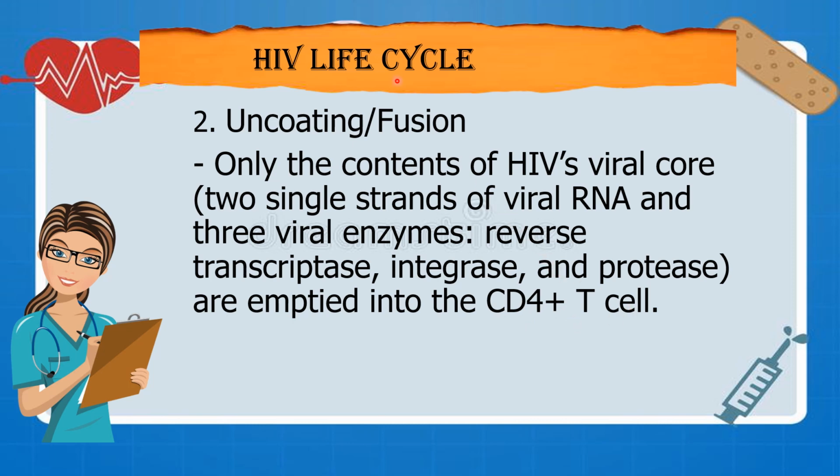So the fusion allows the HIV to enter the CD4 cells, and once inside the CD4 cell, the virus releases HIV RNA and HIV enzymes. There are 2 single strands of viral RNA and 3 viral enzymes: reverse transcriptase, integrase, and protease.